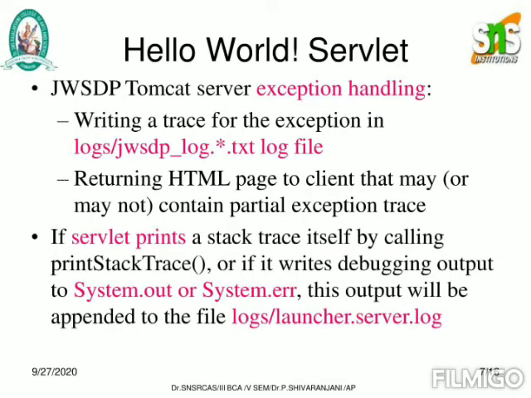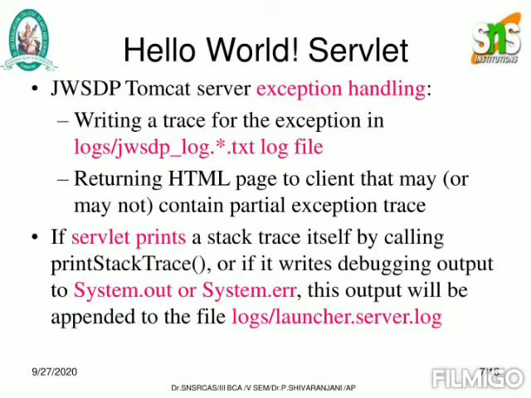Now in order to execute this hello servlet, you need a JWSDP Tomcat server. That will provide an exception handling mechanism. It will write a trace for the exceptions in your text file, that is your log file, and it returns the HTML page to the client that may or may not contain a partial exception trace.